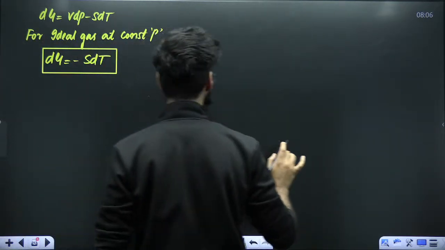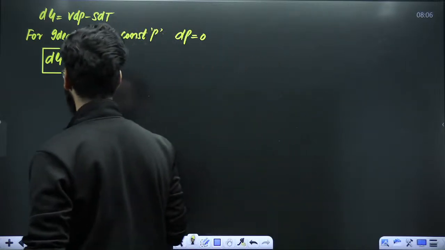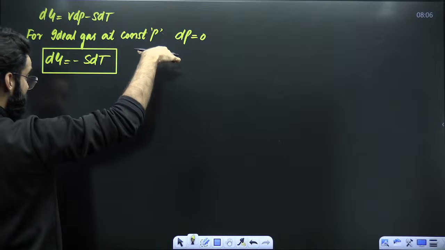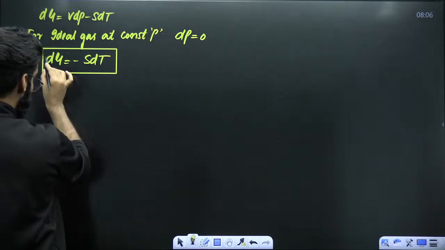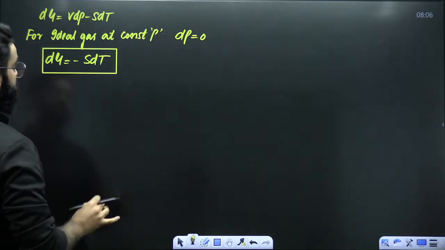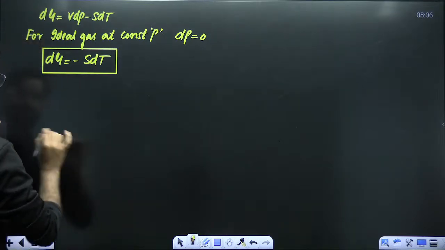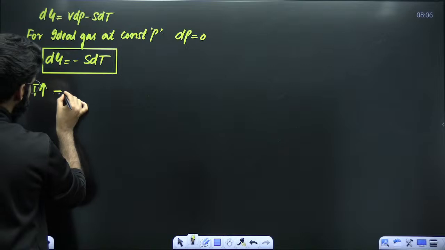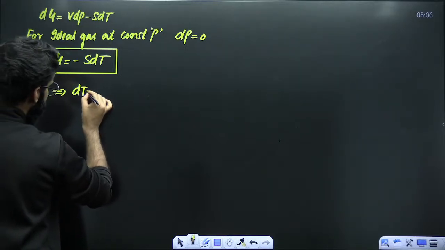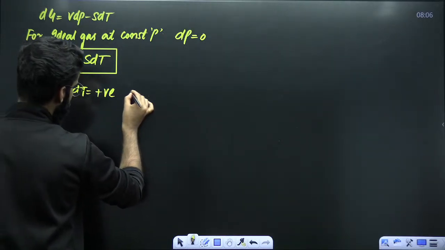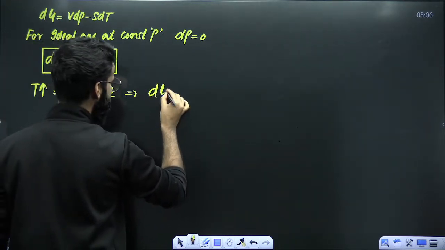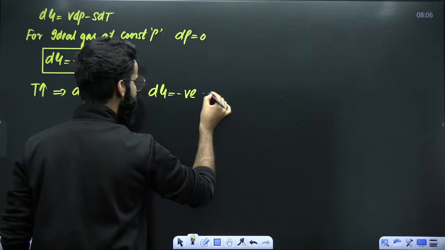So basically, what exactly am I going to do? I'm taking an ideal gas whose pressure I'm keeping constant. So I got to know dG for the ideal gas whose pressure is constant is equal to minus S dT. Now you tell me one thing. If you increase the temperature of the same ideal gas, the change in temperature dT will come out to be positive. If dT is positive, positive times negative makes it negative. So dG has to be negative. Change in Gibbs free energy is negative.